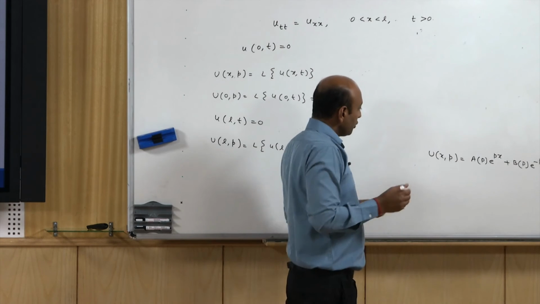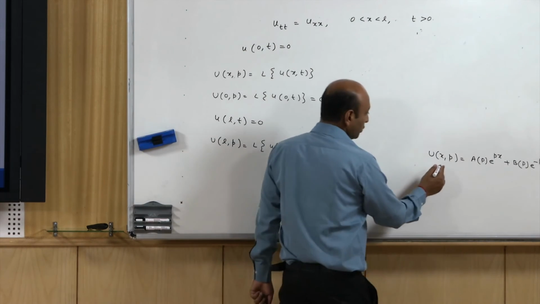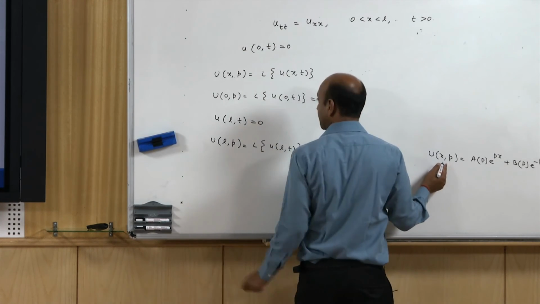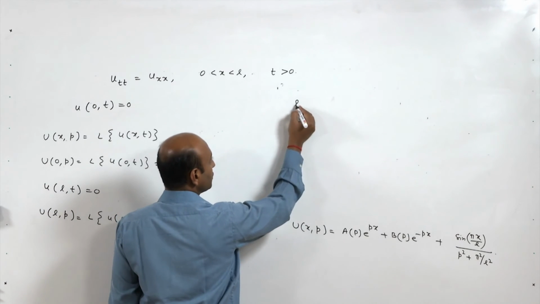Now in this equation, you substitute first x as 0. So put x equal to 0.